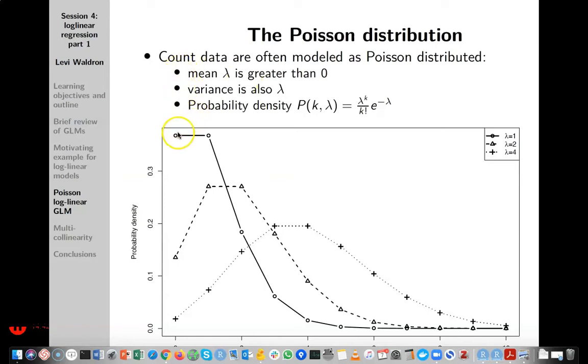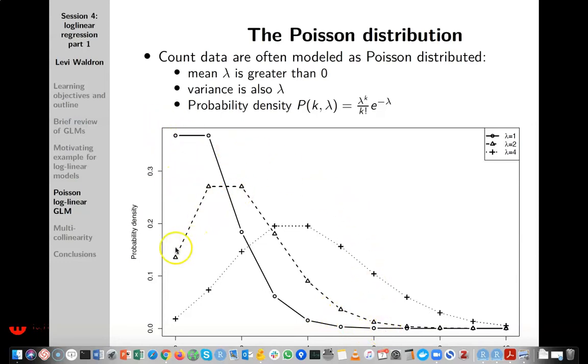You can have any value of lambda greater than 0. But with lambda equal to 1, you see that the probabilities of a count of 0 and 1 are about equal, and then it starts dropping off for larger counts.